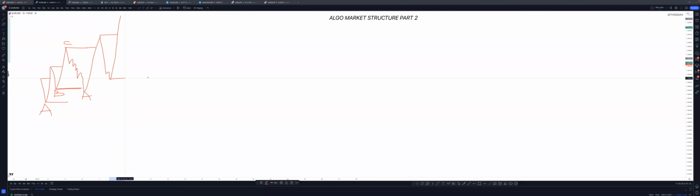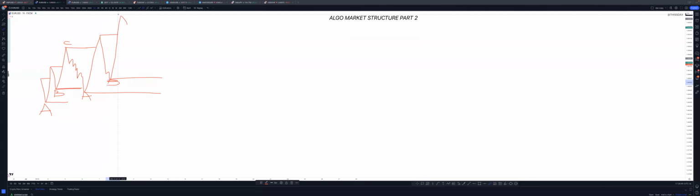While the basic market structure will tell you to buy from here, the algo structure will tell you that this is the B, so you shouldn't buy from that. It is a trap.